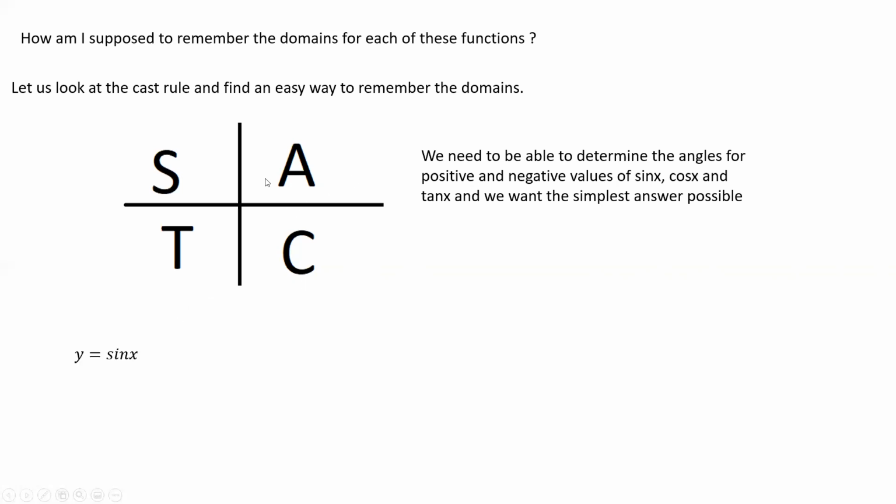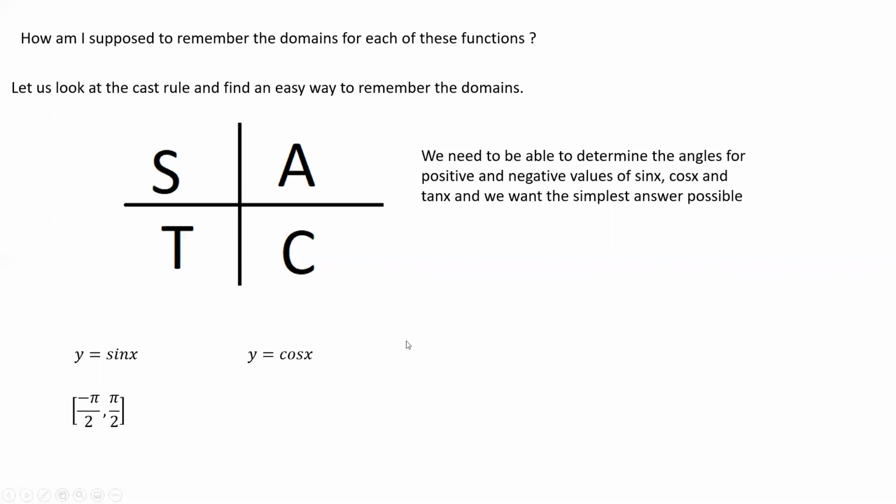Positive values in here, those are the simplest ones, they're the smallest. Then we need some negatives. We have a choice of this quadrant or this quadrant. Of the two, these answers are smaller, so we'll pick that one. Also it's connected. If we picked this quadrant and this quadrant, they'd be disconnected, and that really doesn't make much sense. So sine values will go from minus pi over 2 to pi over 2.